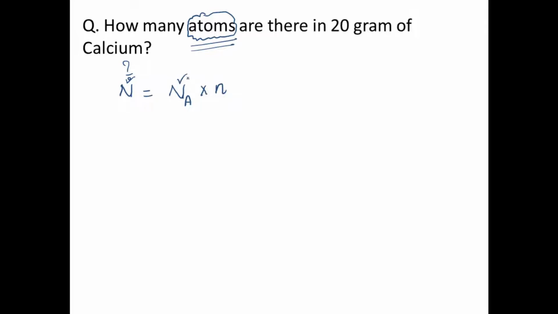Avogadro number we know, and we know how to calculate N, as N is equal to given mass divided by, since calcium is an atom, its atomic mass. Atomic mass of calcium is 40.